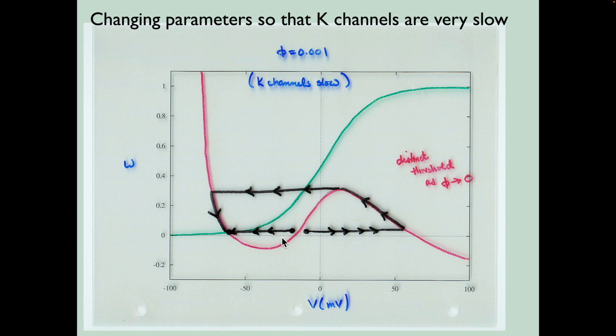Now, whether you move to the right or to the left depends on which region you're in, and this picture that we've drawn here is showing you this limit where the potassium channels are slow.